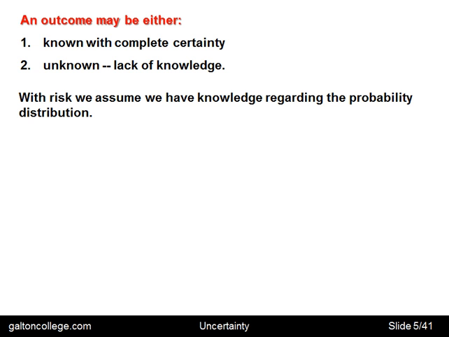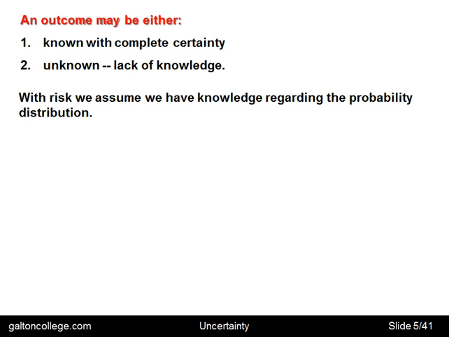So we have an emerging distinction between risk and uncertainty, and it's quite a fundamental and big difference between the two. So with risk, we have some indication as to what is likely to happen.